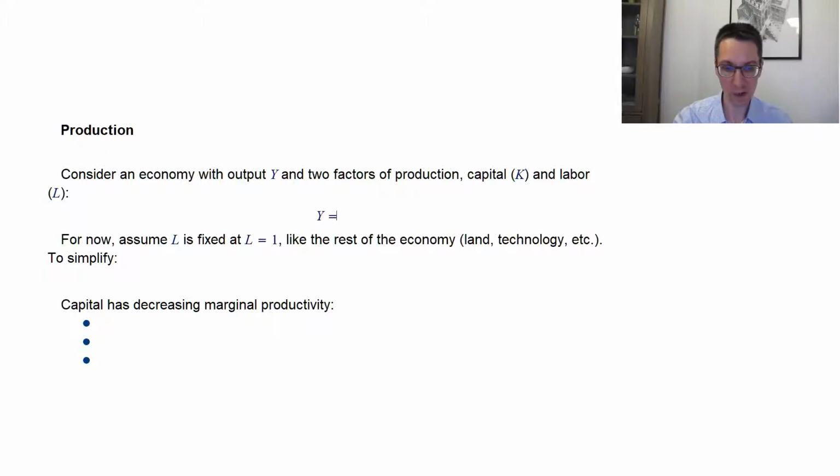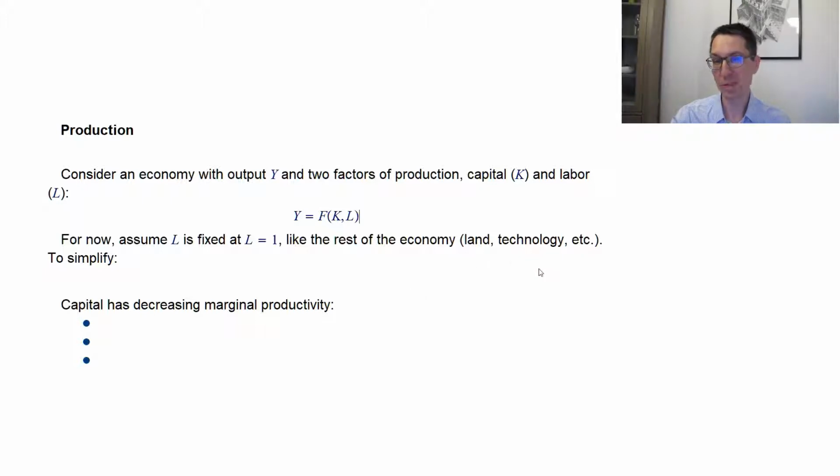Y output is equal to a function of my two factors of production, K and L. For now, we want to assume that L is fixed, so that way we don't have to think about it. So let's just assume that L equals 1, since I can choose any value I want. And also imagine that the rest of the economy is also fixed. So land is fixed, technology is fixed, nothing changes.